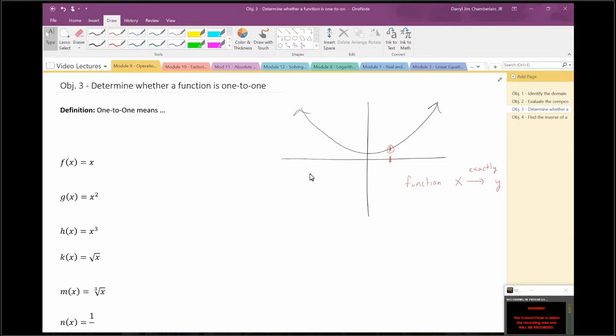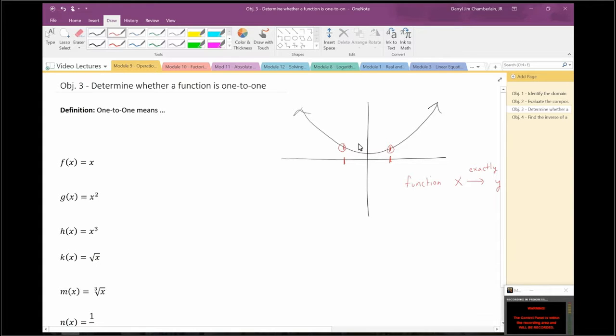Now, as we can see in this case, there could be multiple x's that go to the same y value, but every x goes to exactly one y.